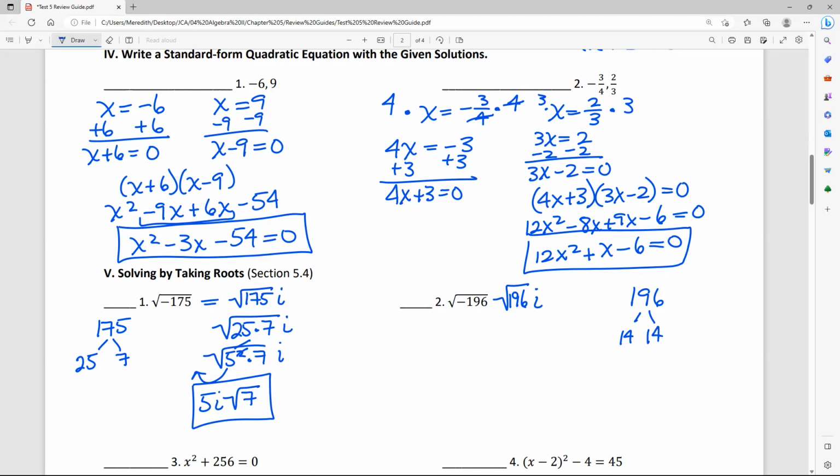So yeah, 14 times 14. So this is the square root of 14 squared i. Those cancel out, and we end up with 14i, and that's it. Because there's no equal sign, we're just simplifying square roots. You don't have the plus or minus in front of it.